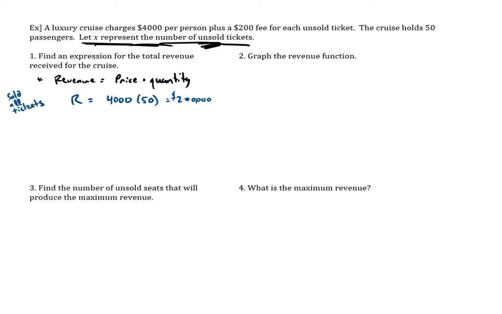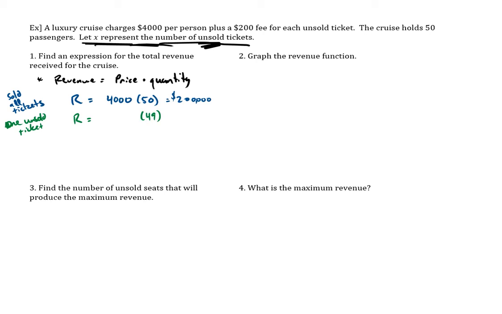All right, let's do one with one unsold ticket, which would be revenue is equal to... If one ticket goes unsold, that means it would have been 49 total instead of 50.